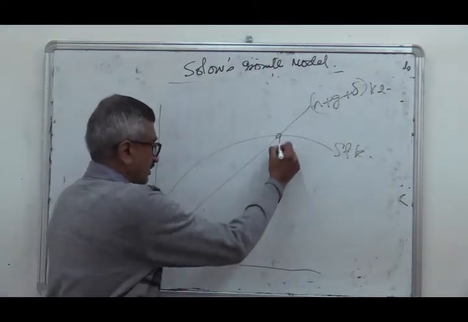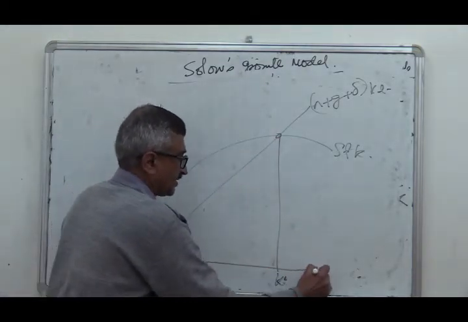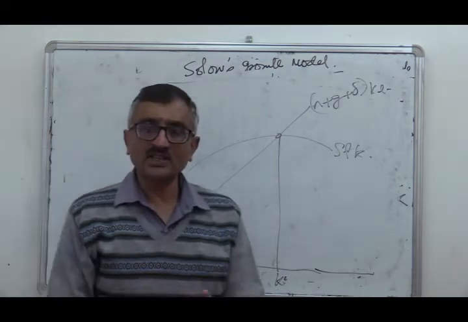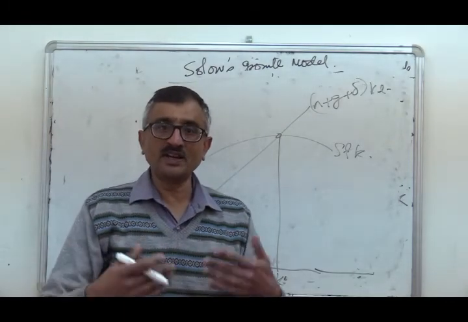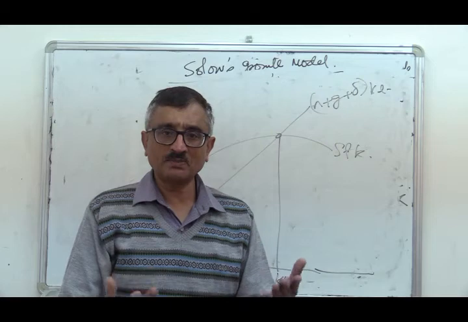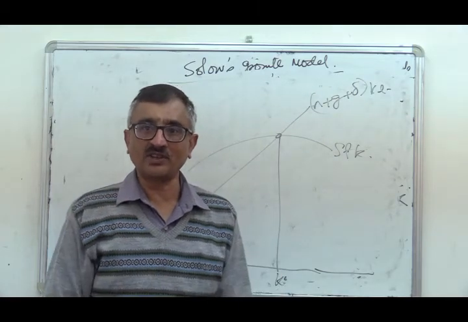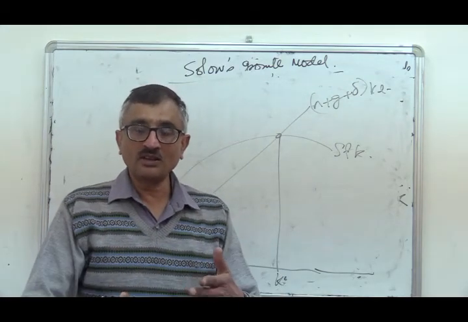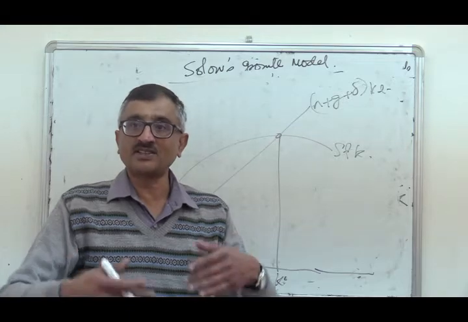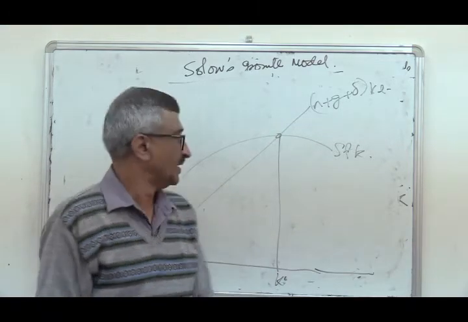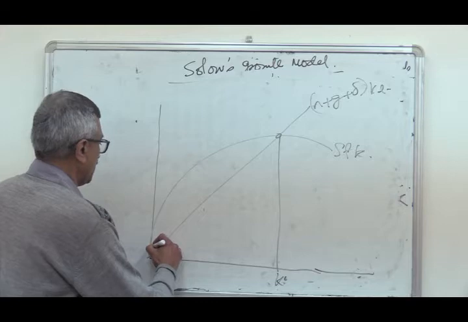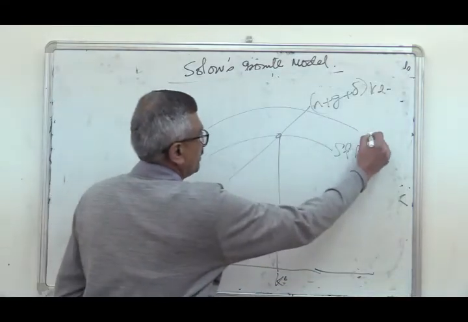This is K asterisk. Now suppose the country starts saving more. People become less spendthrift and start saving a larger fraction of their income. So you can think of Bhutan. If the people of Bhutan start saving more, what will happen to the country? The SFK curve would shift up.